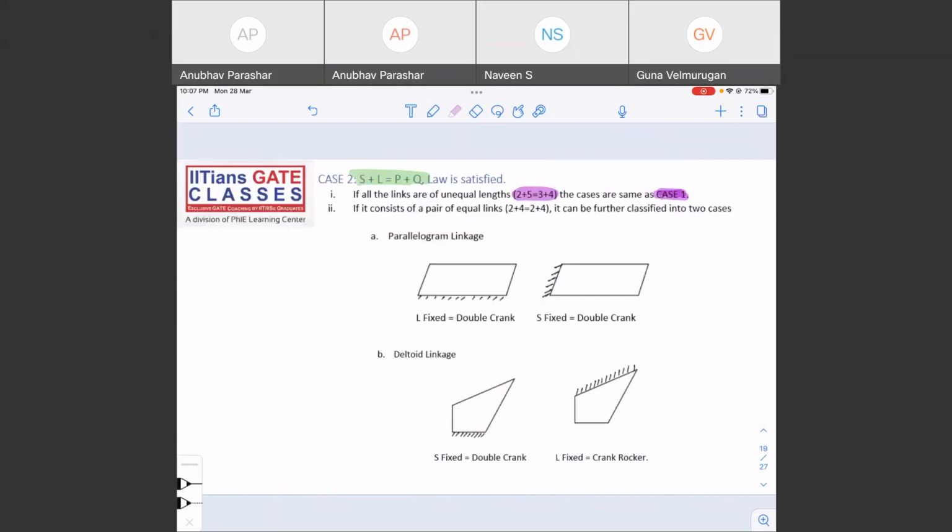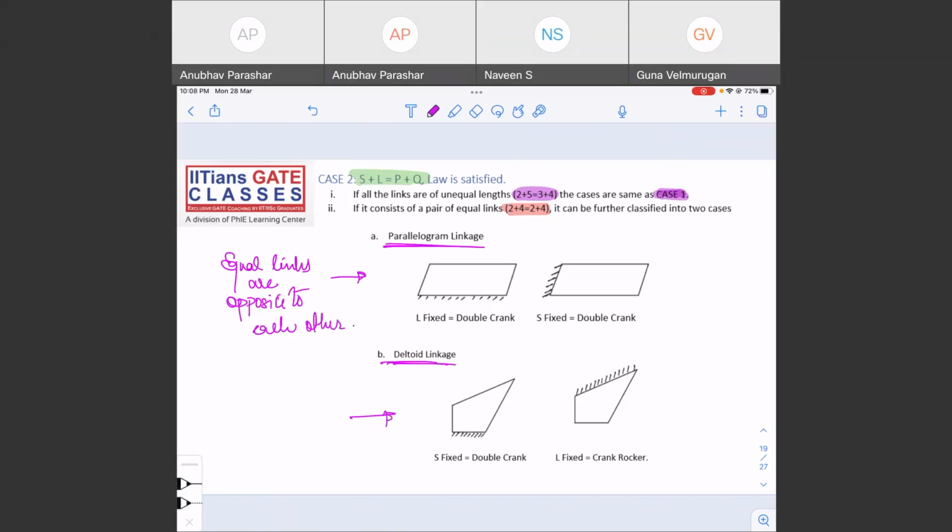Now, there's another possibility. What is the other possibility? Links are something like this: 2, 4, 2 plus 4, 2 plus 4. In this case, you are going to obtain a parallelogram linkage. You can have a parallelogram linkage or a deltoid linkage. In a parallelogram linkage, equal links are opposite to each other.